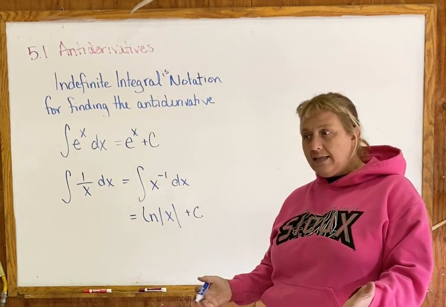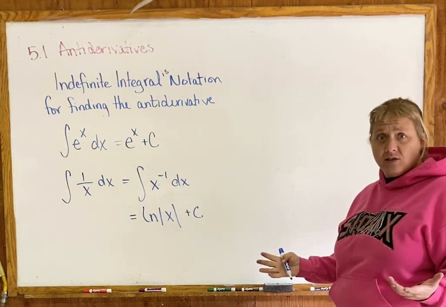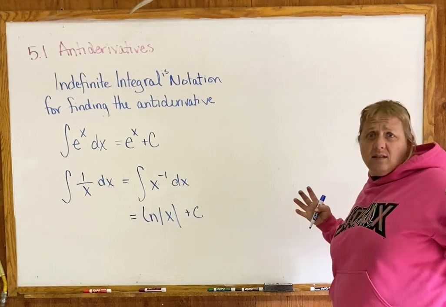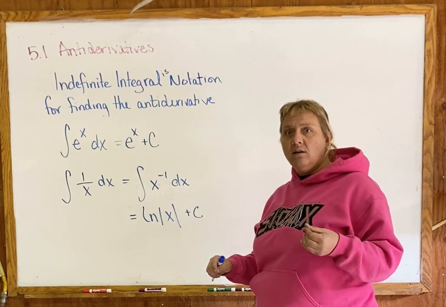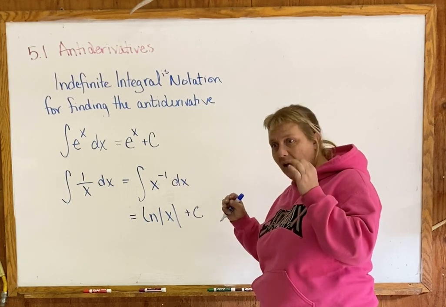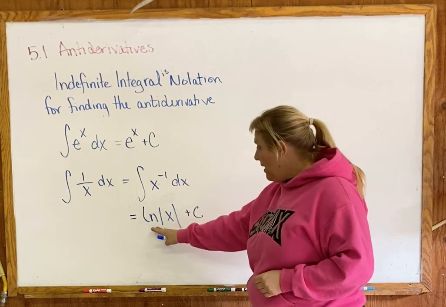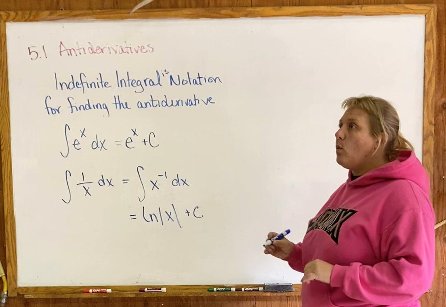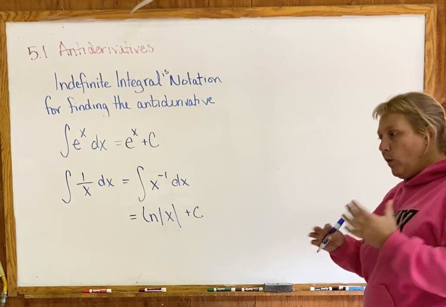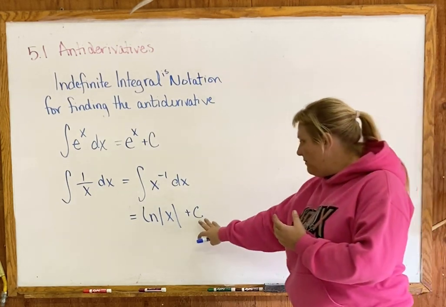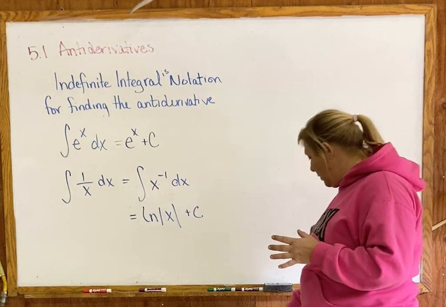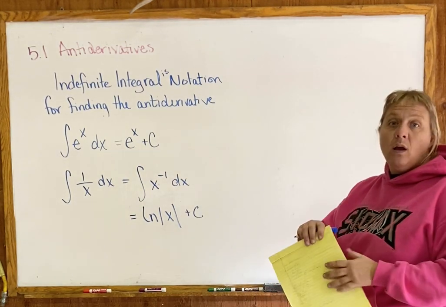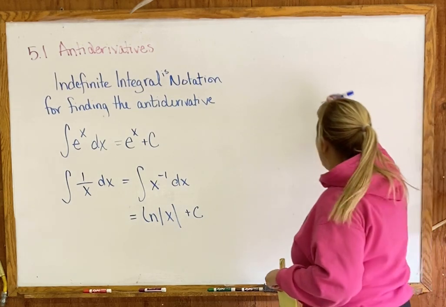Did you know what the c was in any one of these answers? Or even if there was a c, maybe there wasn't a c. So these are indefinite because we don't actually have a perfect answer. We have an answer plus c. So what we need to do is we want to take a step to kind of start figuring out what's going on here. So these next problems that are given are called initial value problems.